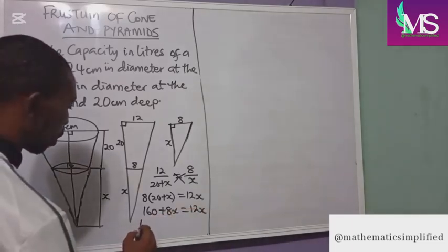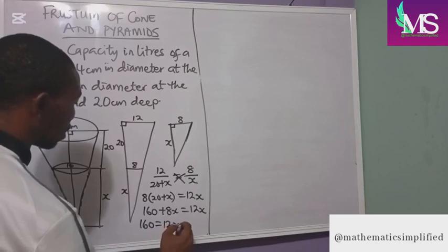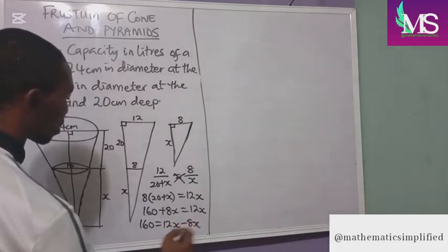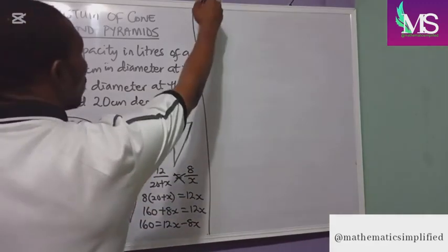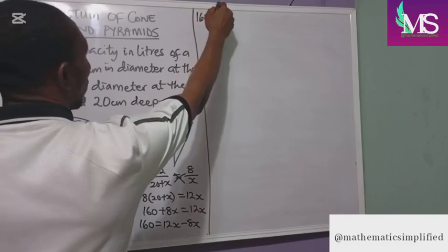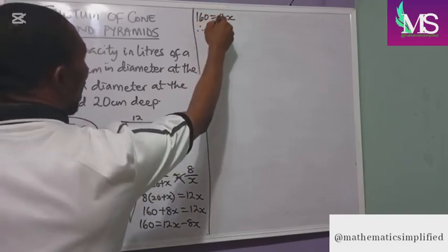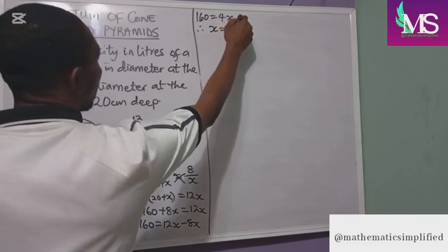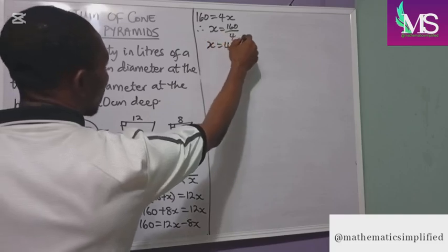This becomes 160 equals to 12x minus 8x. Alright? Now, at this point, we are having 160 equals to 4x. So therefore, x equals to 160 over 4. x equals to 40 cm.